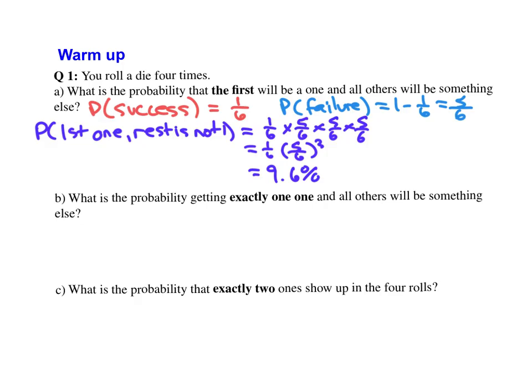So I've got 1/6 times (5/6)^3, and that gives me 9.6%. So the probability that the first is a 1 and the rest are not is 9.6%.